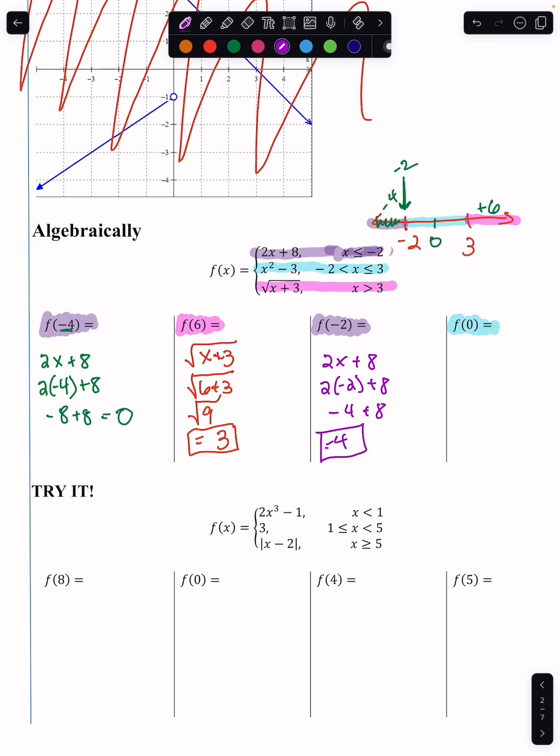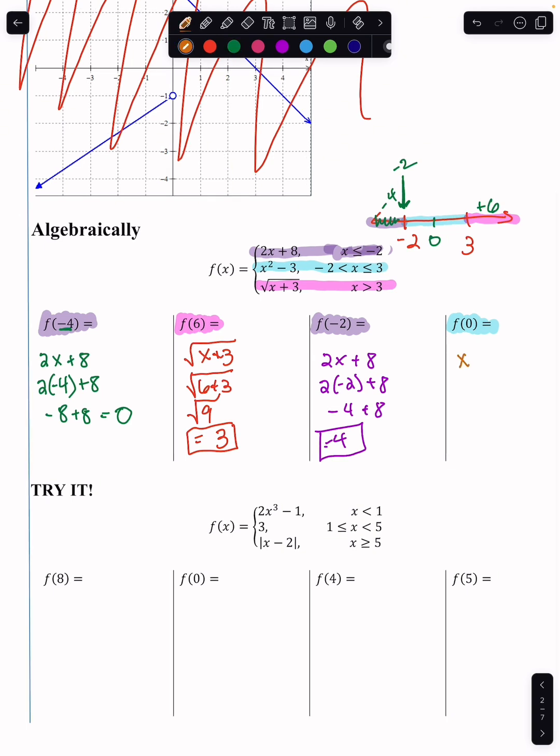And then f of 0, I'm going to plug it into the blue equation. And that blue one says x squared minus 3. I'm going to plug 0 right where that x is. 0 squared minus 3. So 0 minus 3 is equal to -3.